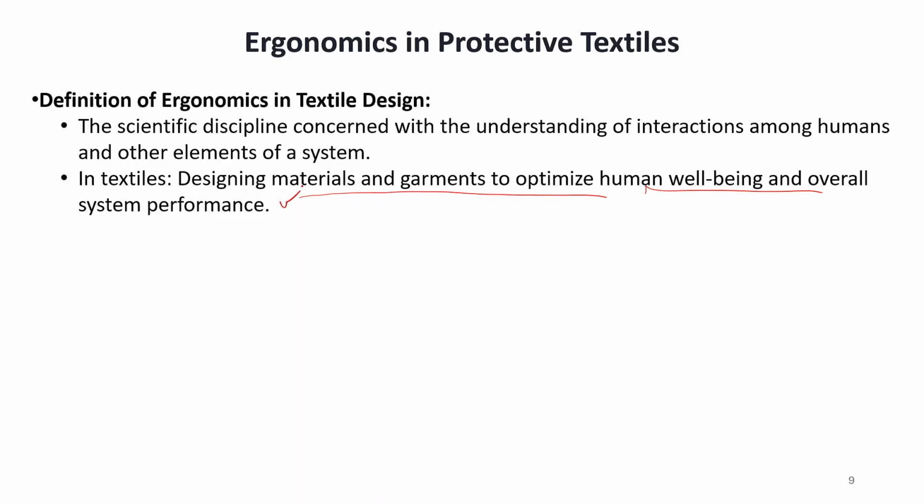We have to design the material and the protective garment in such a fashion that it will not restrict the body movement first, it will not restrict the heat transmission and moisture vapor transmission, it should not accumulate moisture in the microclimate, and at the same time it should not compromise the protection level, and overall performance level will be enhanced.